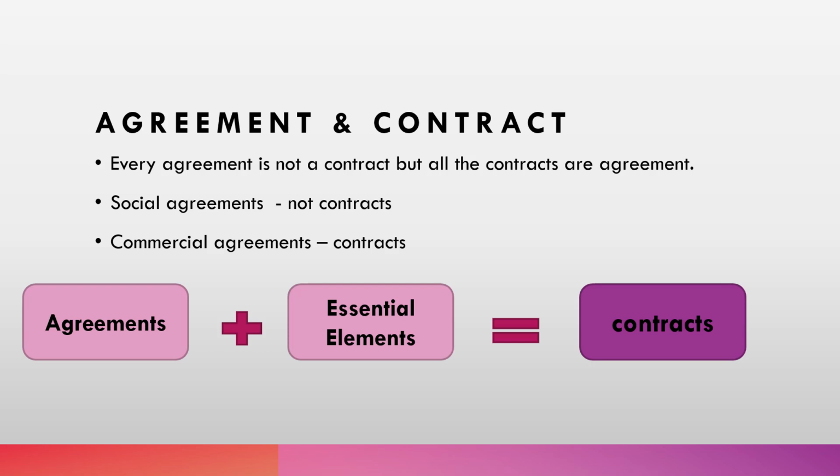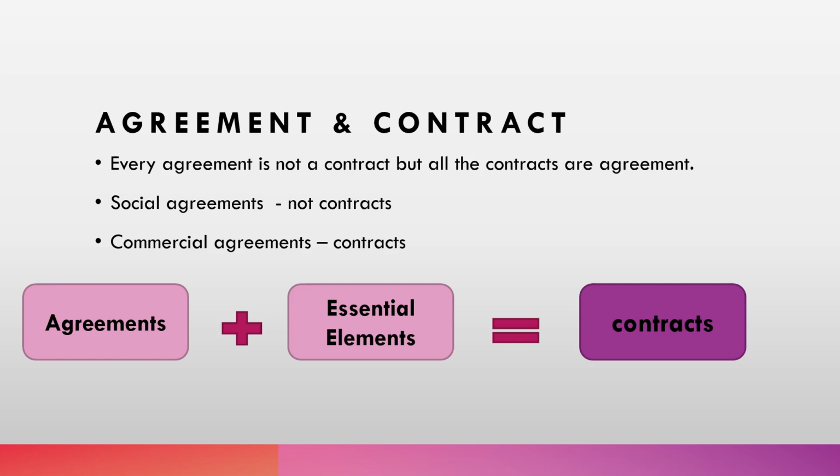You can take legal action against that person on the proof that you have that contract. So when you have the agreement, you should add some essential elements and it becomes a contract. So in short, read the diagram: agreements plus essential elements is equal to contracts.